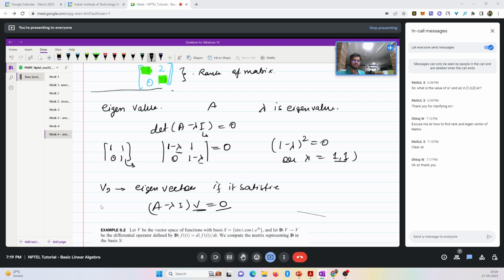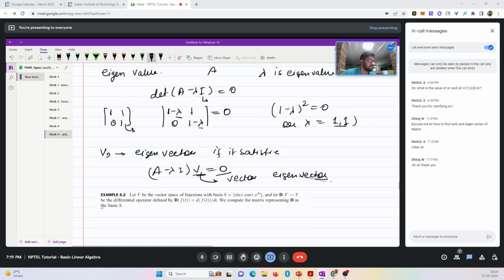So you'll find the solution space for this, and that would be your vector space. From that vector space, you can pick any element and call it an eigenvector. I'll cover this in more detail next week.